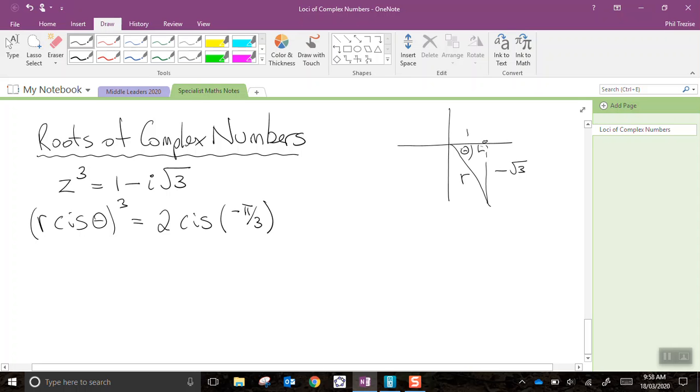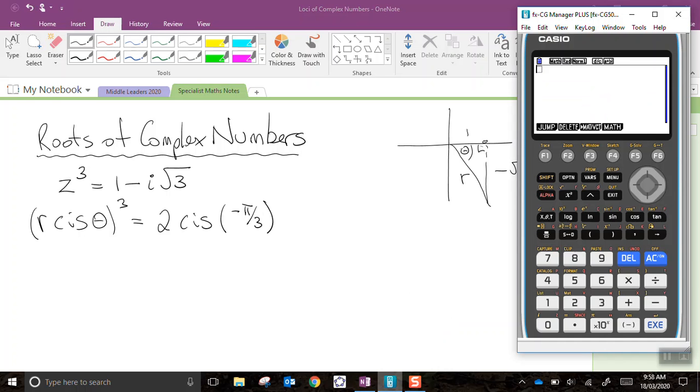Now if you weren't quite up to speed on that, you could use your graphing calculator on a tech active exam. So we need to go to options, then to complex here, F3, then F6 to get to the next menu, and these are the ones we're interested in.